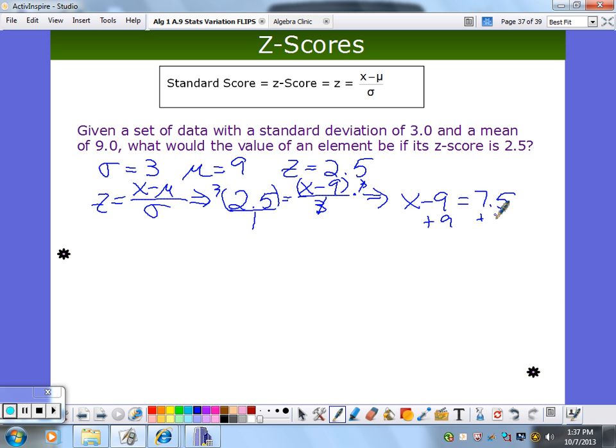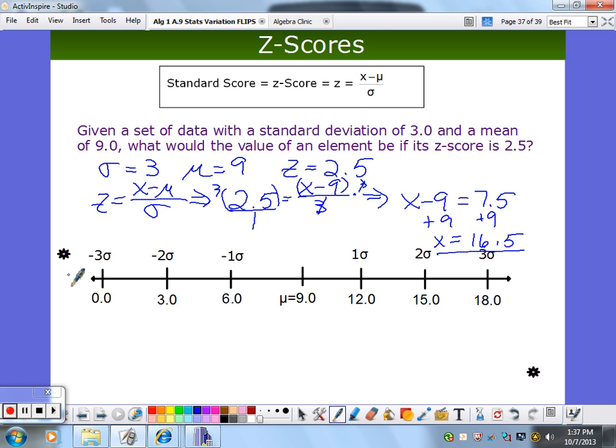We add 9 to both sides, right? So this x is the value that is 2.5 standard deviations above the mean. That's what that is. So sometimes it's not the z-score we're finding. We know the z-score. We want to find the value that has that z-score. So that's what this is demonstrating.